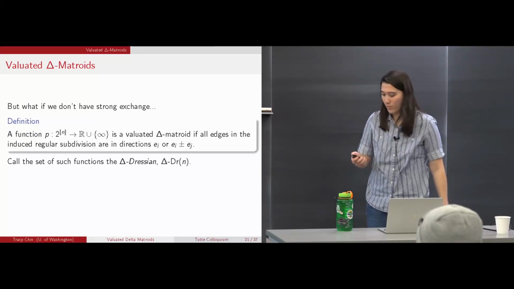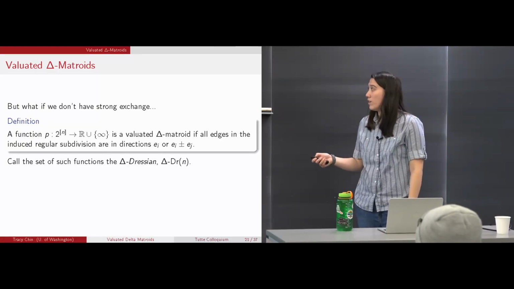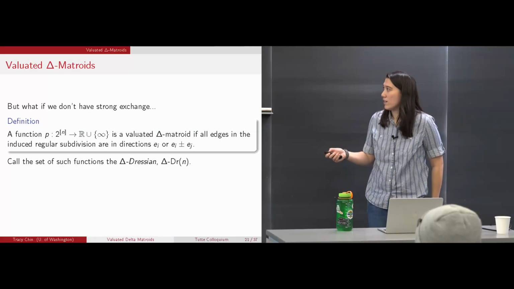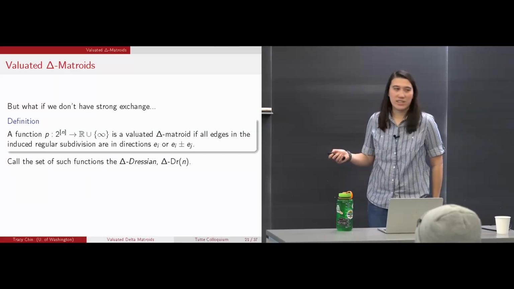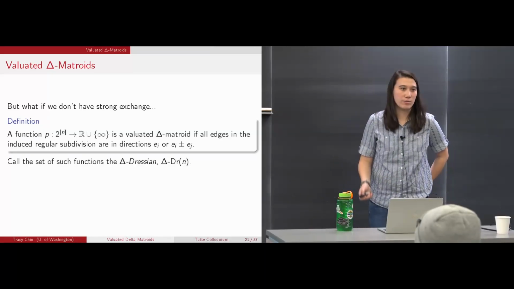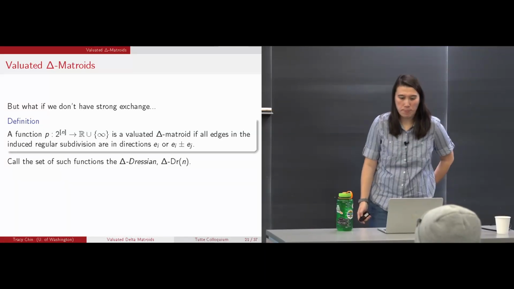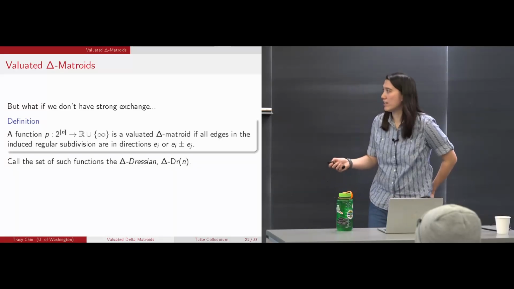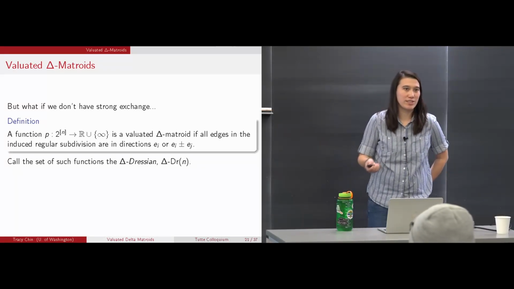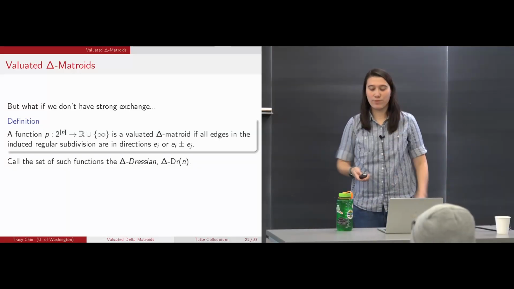Basically we have some function from the subsets of n to R union infinity, and I'm going to ask that the induced regular subdivision is into delta matroid polytopes, or equivalently that all of the edges are e_i or e_i plus or minus e_j. We're going to call this the delta Dressian, because for matroids it was the Dressian, so you can just put delta in front of it.